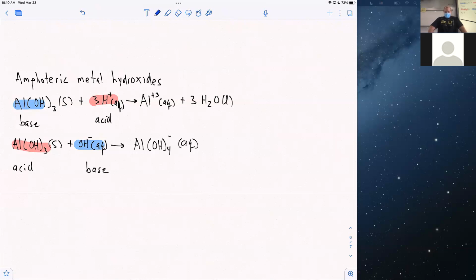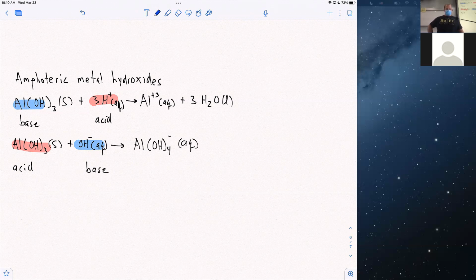And aluminum hydroxide also reacts with the base to form an aluminum hydroxide complex. So that's an interesting thing about hydroxides. They can also act like bases. This is not necessarily something I'm going to test you on, but it's kind of cool how certain things, depending on their environment, can be amphoteric.